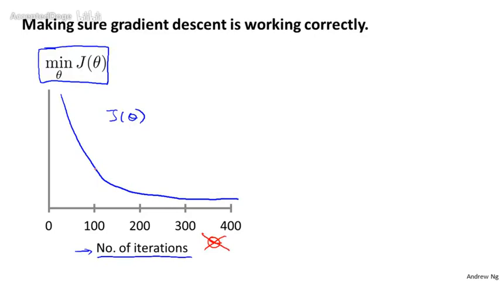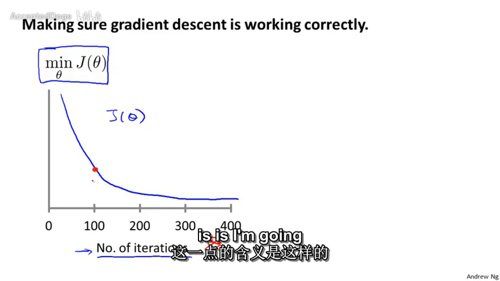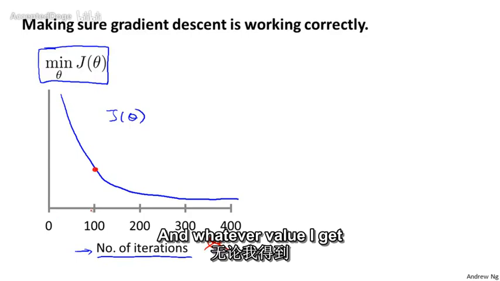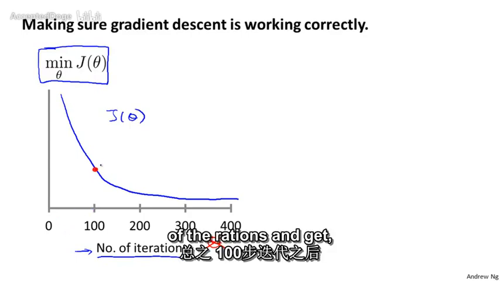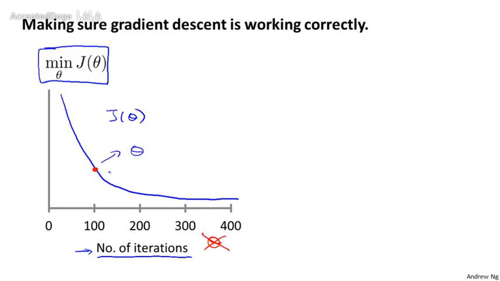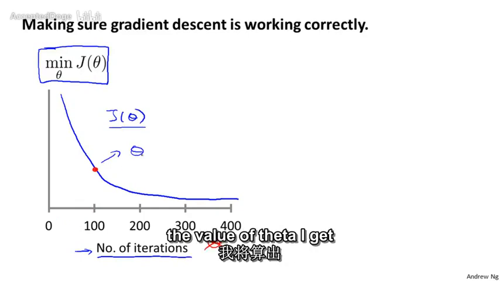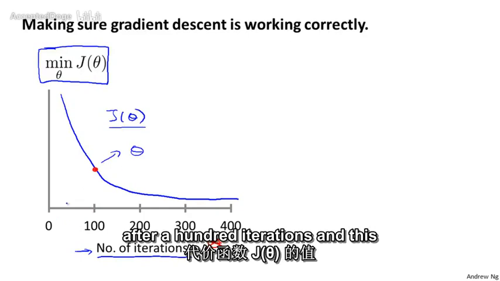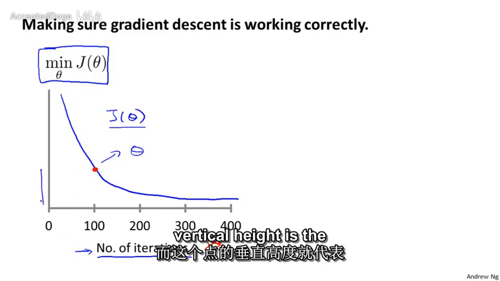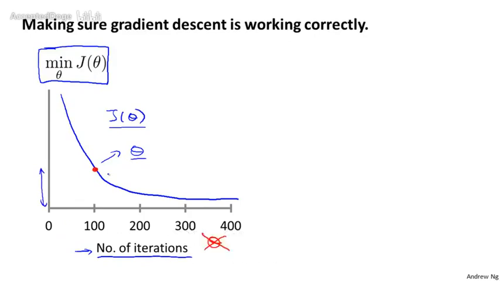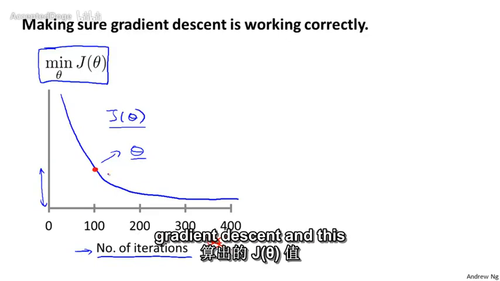Concretely, what this point is: I'm going to run gradient descent for 100 iterations, and whatever value I get for theta after 100 iterations, I'm going to evaluate the cost function j of theta for that value of theta, and this vertical height is the value of j of theta for the theta I got after 100 iterations of gradient descent.